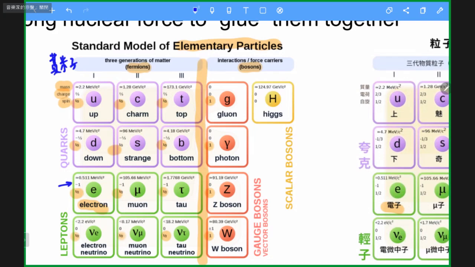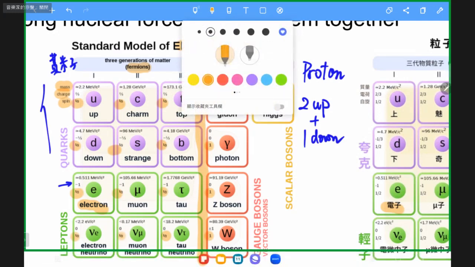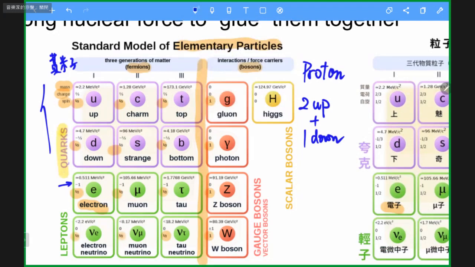Actually, for a proton, if I remember correctly, it is 2 up plus 1 down. The purple ones here are the quarks.